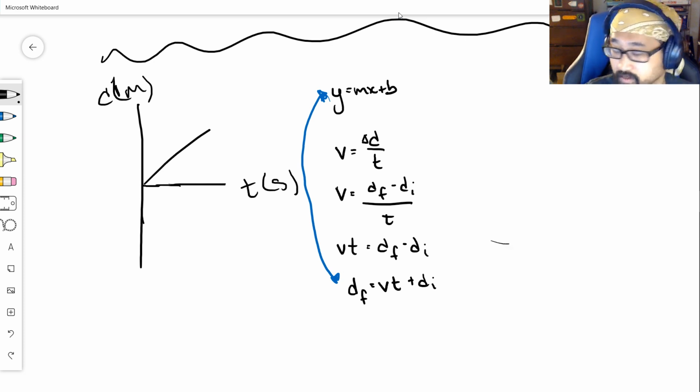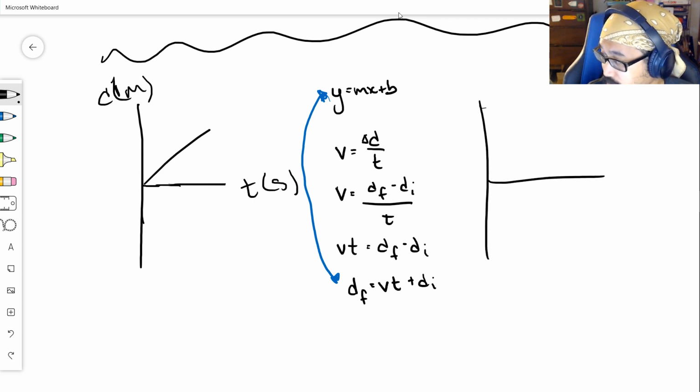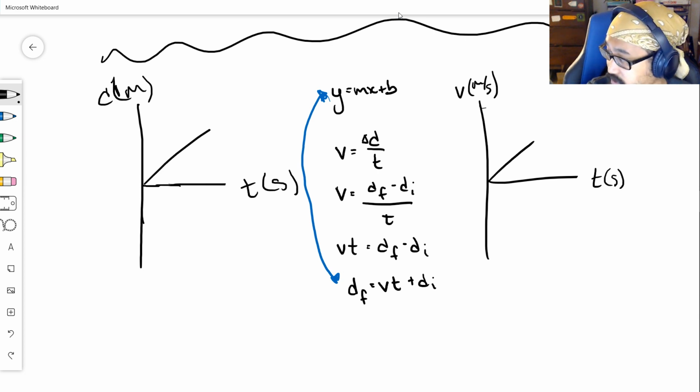There is another graph that you should be relatively familiar-ish with. It's the velocity time graph. And I could draw it again. Very similar. And if I did this, this represents a graph where the velocity is changing, which means that there's acceleration. I can do the same thing here.